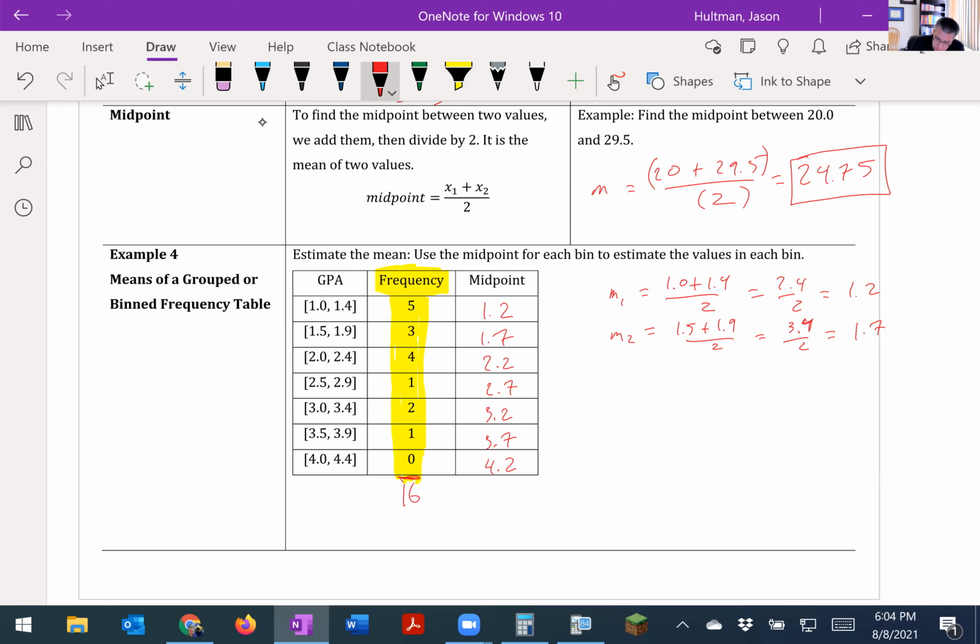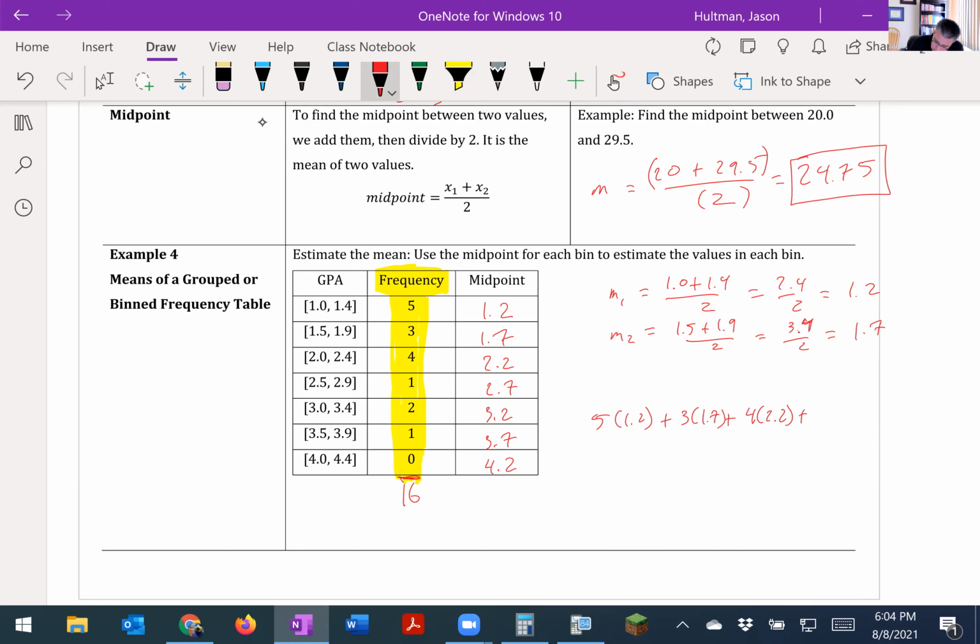Now, how are we going to get the total value here? We're going to use the chart and the frequency. We're going to multiply the frequency times the midpoint. That means there are 5 1.2s. So how do I add up 5 1.2s real fast? I do 5 times 1.2. And then I add that to 3 times 1.7. And then I add that to 4 times 2.2.